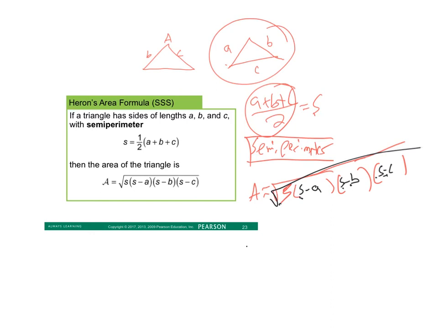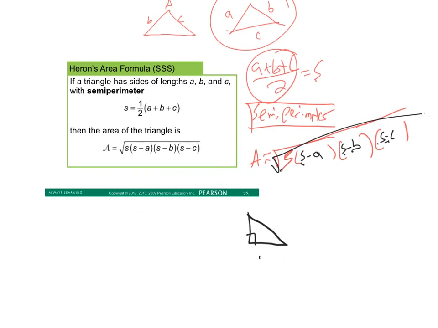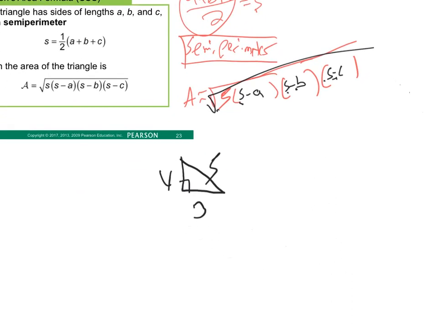Let's see if it works for my famous right triangle, the 3, 4, 5 triangle. First thing, find the perimeter. 5, 9, 11, and 12. Find the semi-perimeter, which is half of that, 6.